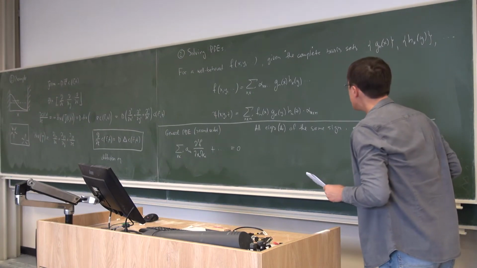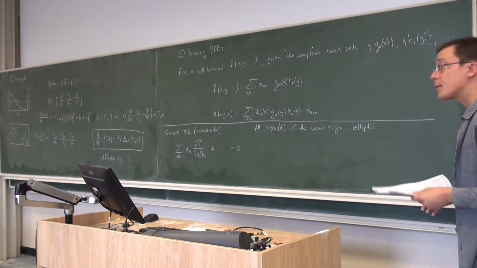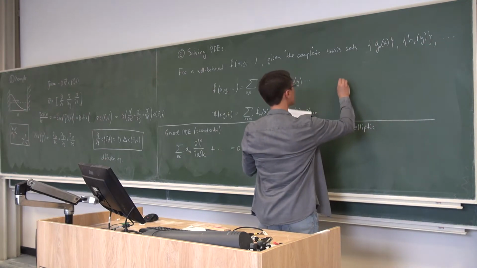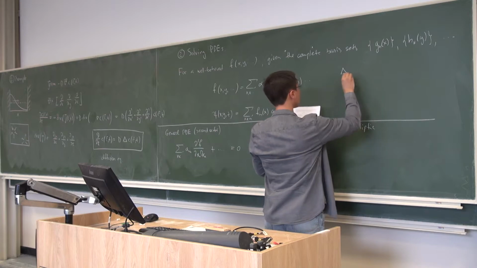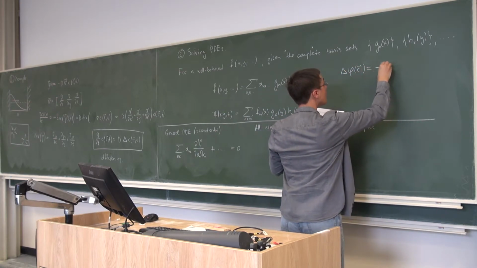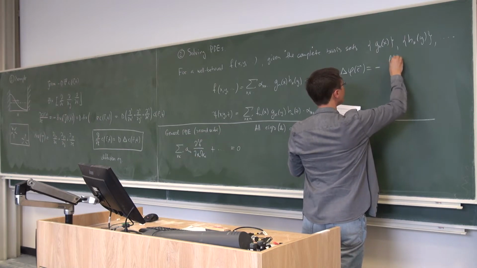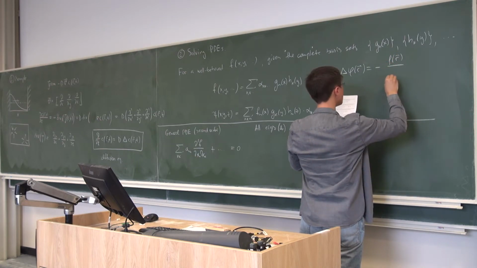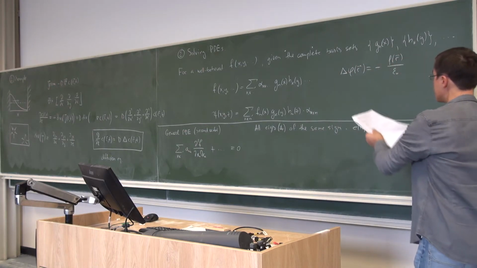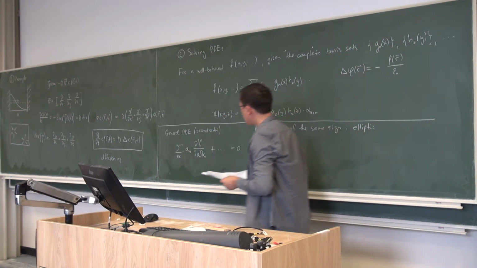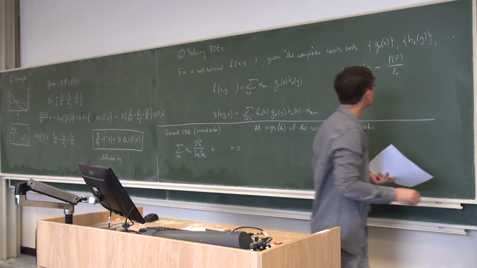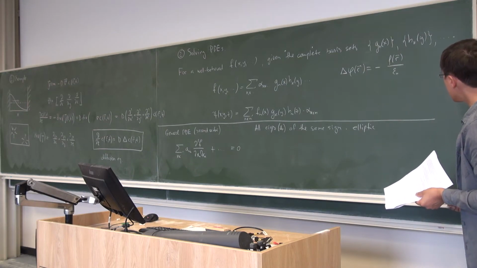Poisson's equation for the electrostatic potential of a system of charges is, for example, this: the Laplacian operator acting on the electrostatic potential equals minus the charge density at a particular point divided by epsilon naught, the fundamental constant. So this delta is again the bunch of these second derivatives, and the equation is due to Poisson.